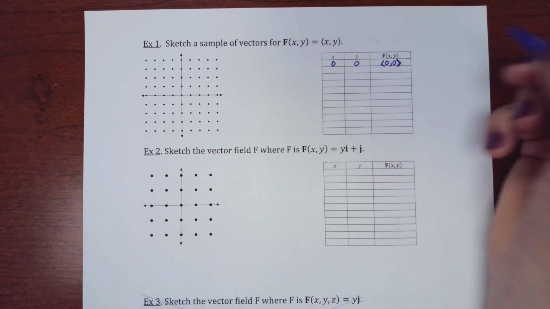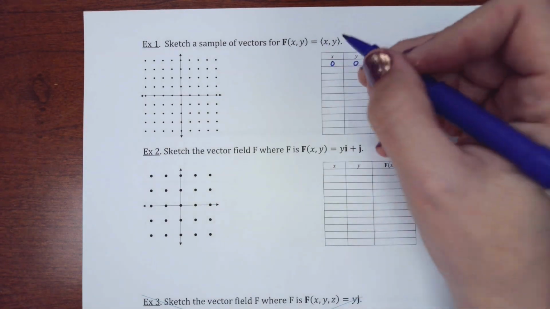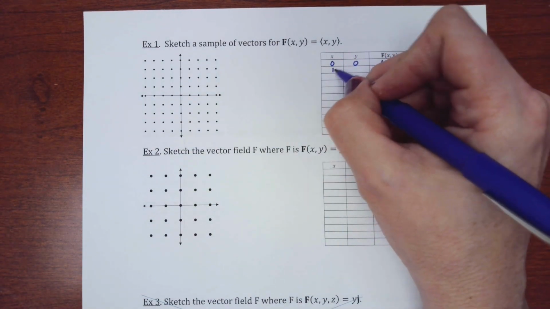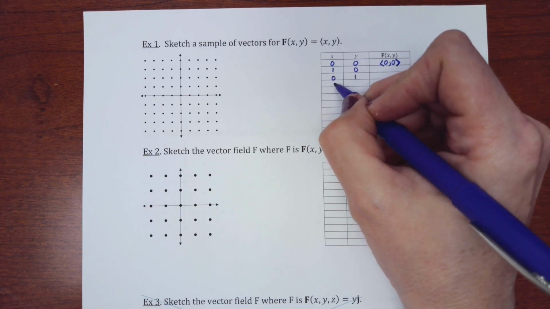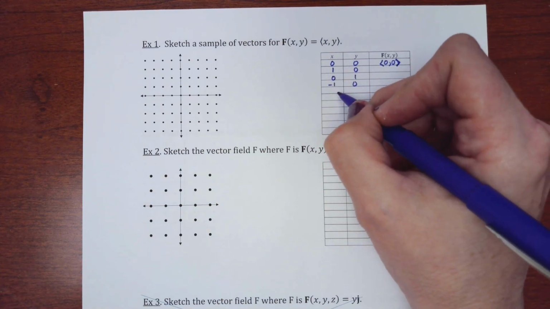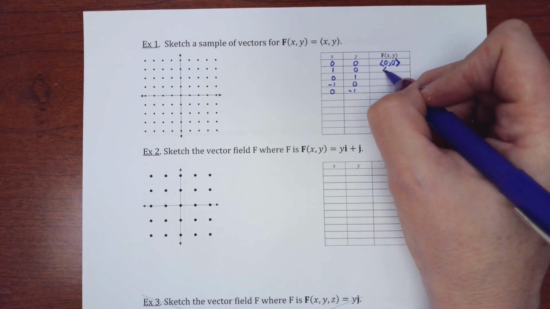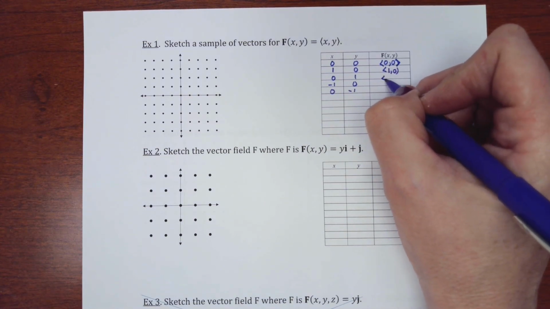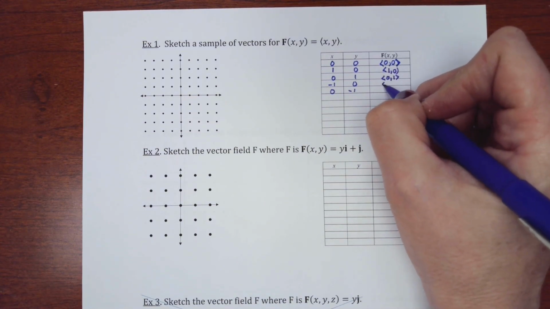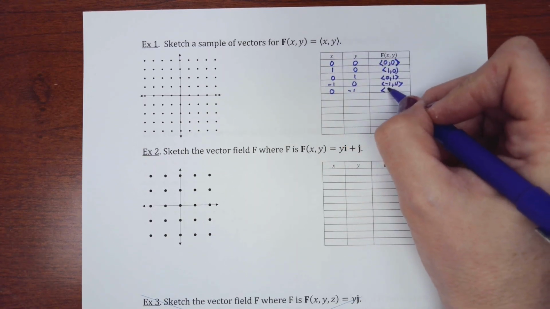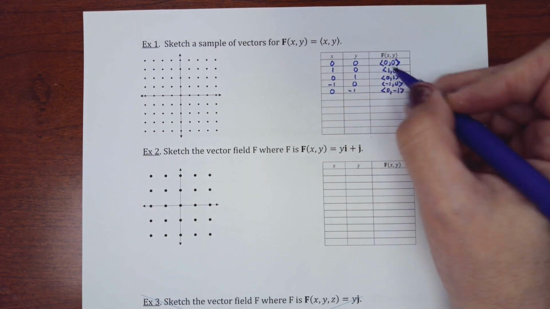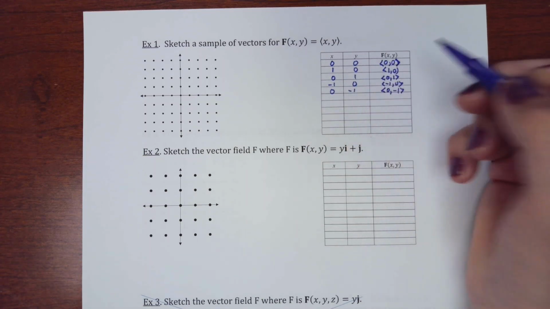If I put 1, 0, I get 1, 0. Then 0, 1 gives 0, 1. Negative 1, 0 gives negative 1, 0, and 0, negative 1 gives 0, negative 1. Those all pretty much stay the same because it's matching. So I need to go to the point 0, 0 and draw 0, 0.